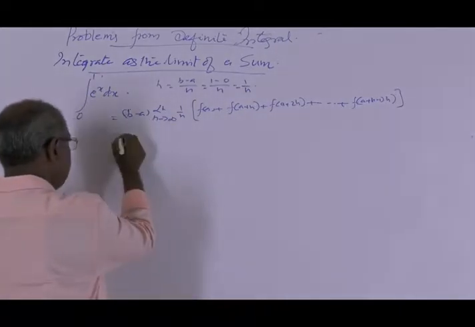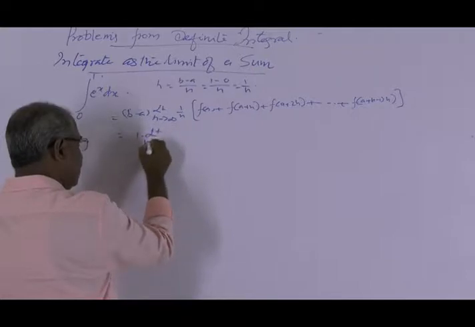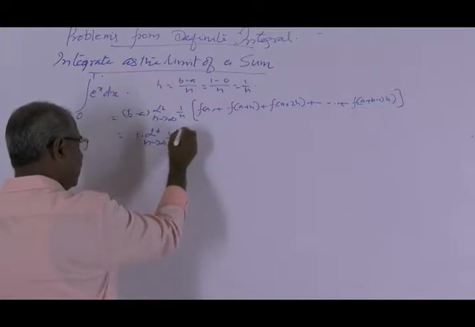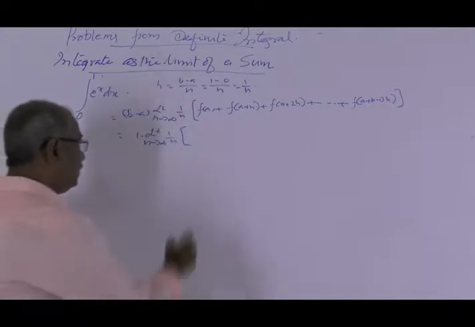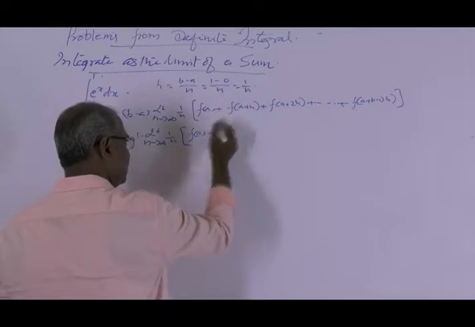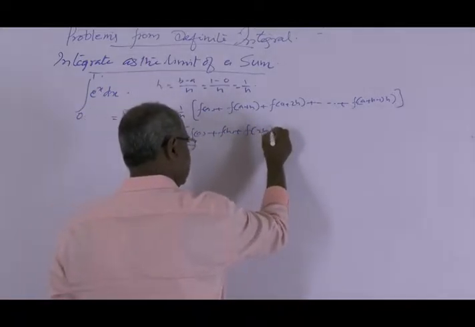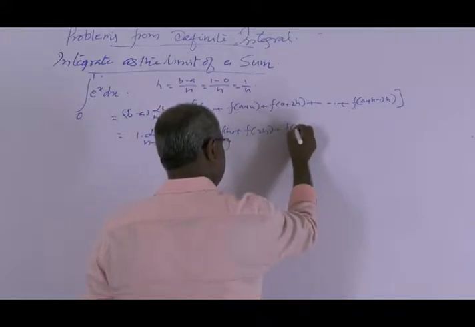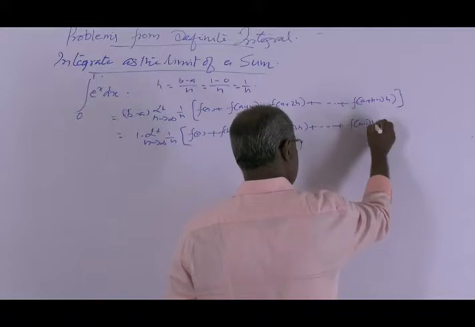This is equal to (1 minus 0), which is 1, into limit n tends to infinity 1 by n into [f(0) plus f(h) plus f(2h) plus f(3h) plus etc. plus f((n minus 1)h)].